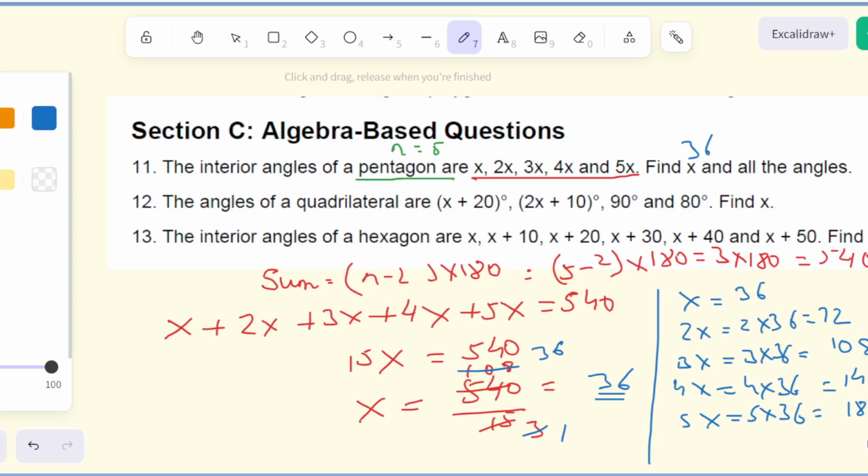Then x, 2x, 3x, 4x, 5x add up to 15x. 15x equal to 540. And we divided by 15 to find x, and we got x is 36. Once we got the value of x, we just substitute it in each angle. Does that say the sum equals n minus 2 times 180? Is that what it says?